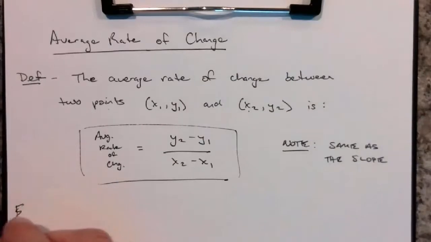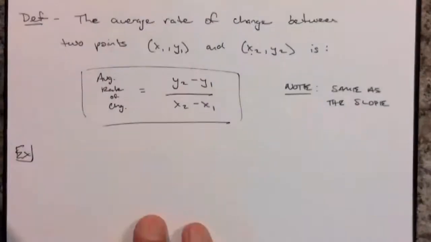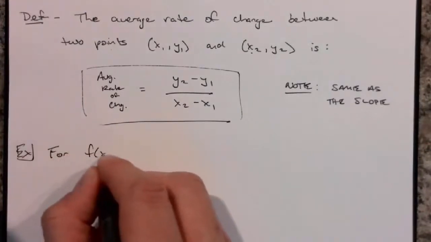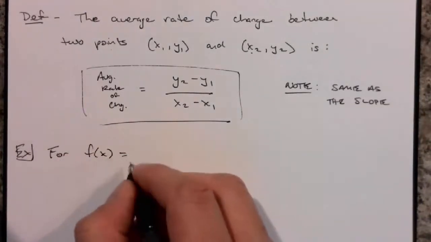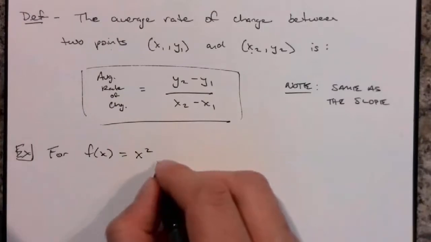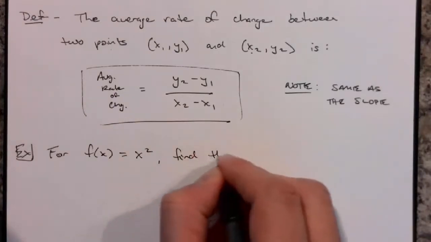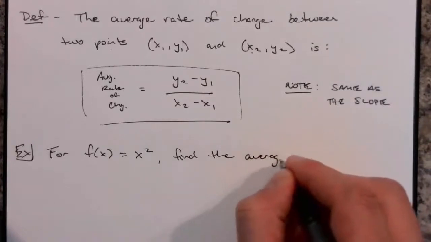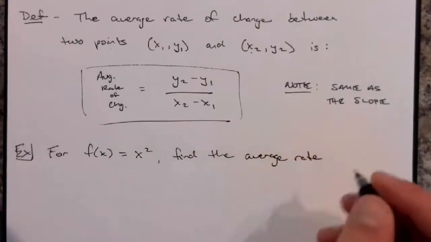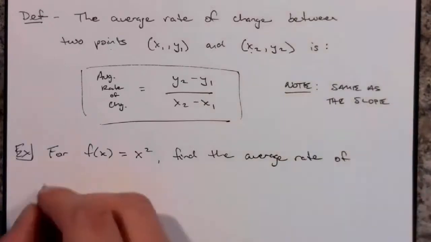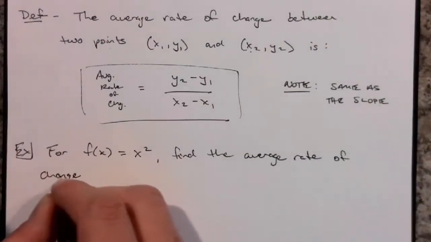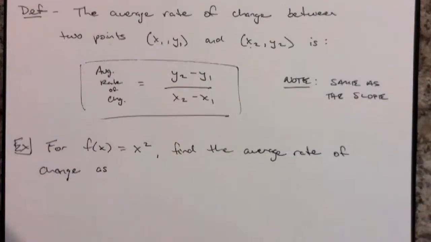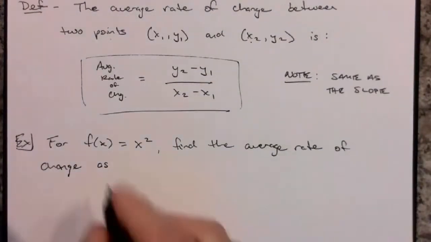So for this example here, if I said for f of x equals x squared, find the average rate of change as, and we'll do just a couple just to make sure you see it.